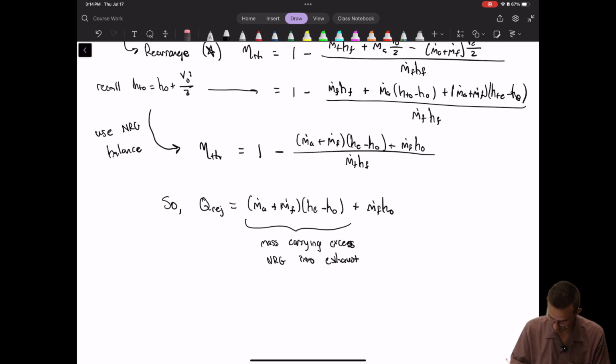And then this is the fuel mass carrying out excess enthalpy.